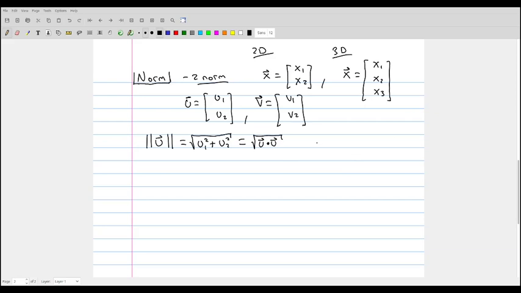Remember that the dot product between 2 vectors, any 2 vectors, is the sum of the components, each individual component multiplied together, and then added. These calculations are in 2D, but this formula and this idea generally applies to 3D as well.